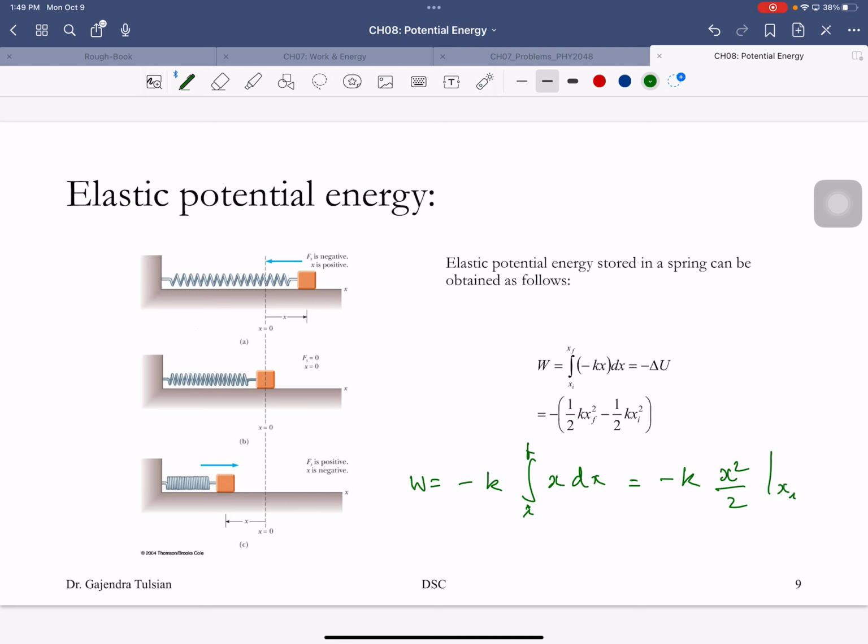And you're going to evaluate that between the initial and the final point. So minus 1/2 k x final squared minus 1/2 k x initial squared. So you see, the work done by the spring force is the value of this function at the final point minus the value of that same function at the initial configuration. So this is your potential energy function.